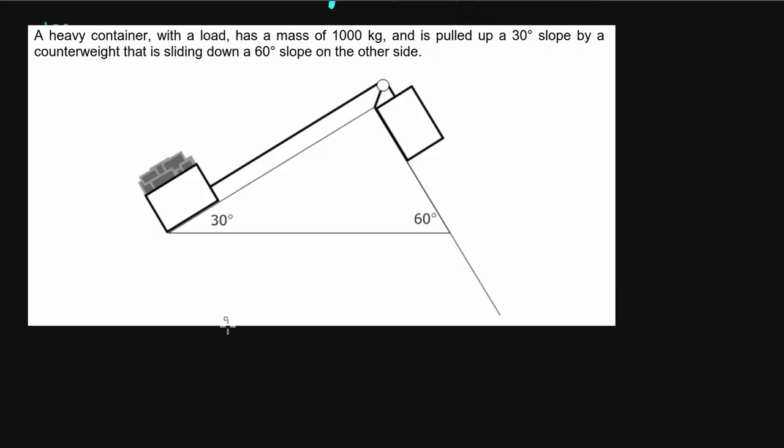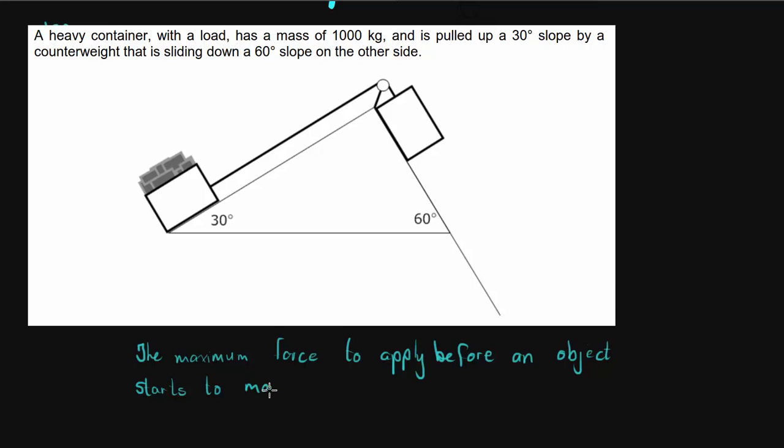So maximum static friction is the maximum force to apply before an object starts to move. Okay, so it's the maximum force that you have to apply before an object starts to move.